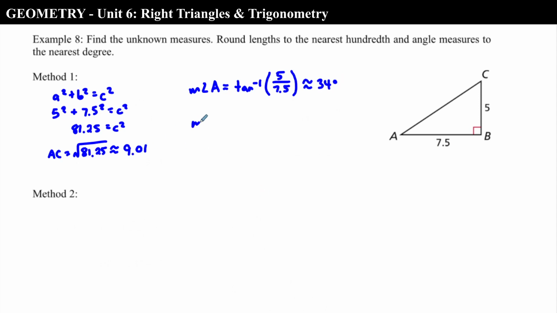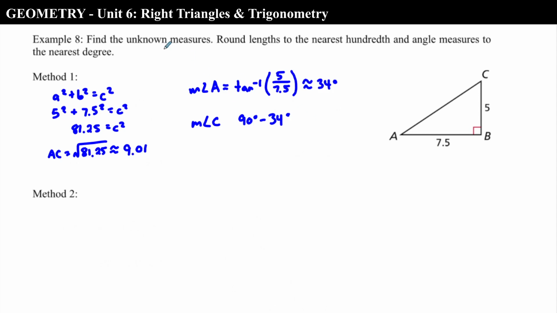The measure of angle C, we do not have to use trig to do that because we have an approximate value for angle A. We know that angle A plus angle C is 90 degrees, so we're just going to subtract 34 from 90. And technically, these are all approximations.